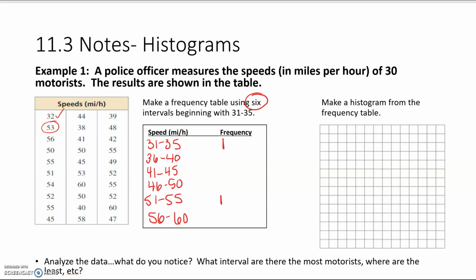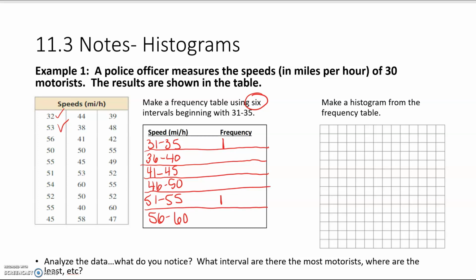We're just tallying up how many fit in each interval. I'm going to make mine a little more like a table so that I can see exactly where each of those intervals is. My next number is 56, so that's going to go down here. And then the next number is 50. Cross that off my list.